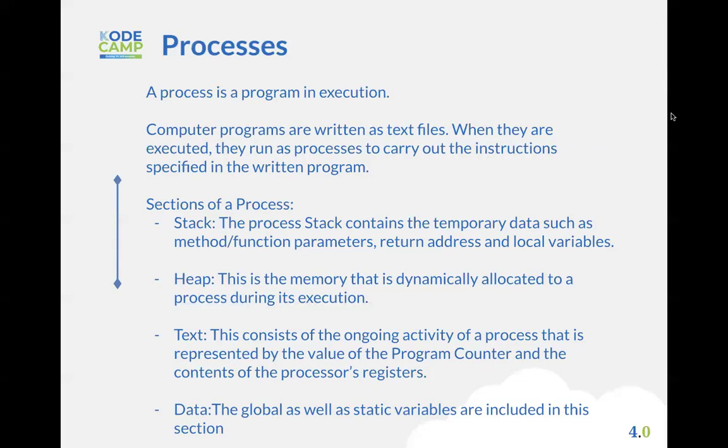It is not an absolute limit; it's more like memory that is dynamically, not statically, allocated to a process for its execution. Then you have the text, which consists of all the ongoing activities of the process, including the process pointer and the registers, the things that track the status of the process, and then the global data and global variables for the process during its execution, right?